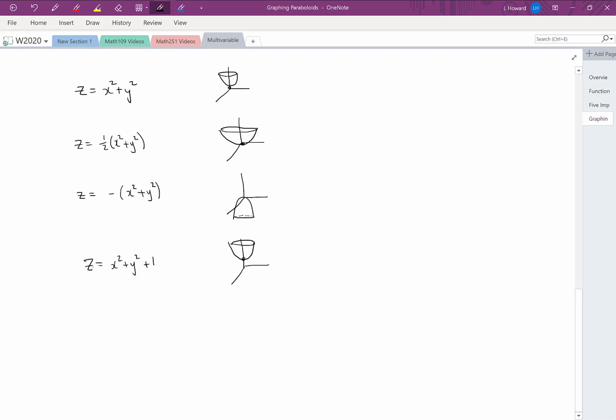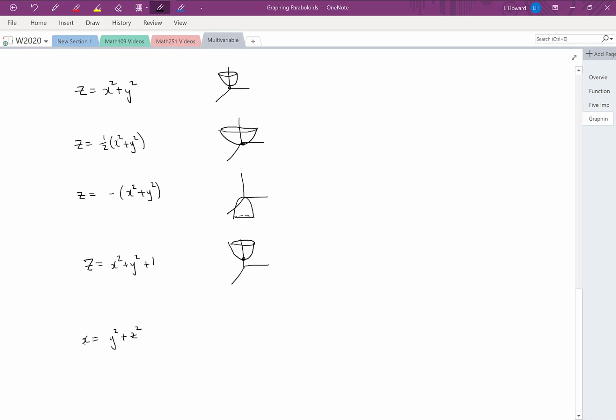And then maybe one other sort of transformation is just changing the roles of the variables. So if we had something like x equals y squared plus z squared, might need to think a little carefully about this. So it is a paraboloid, but the roles of the variables have been changed.